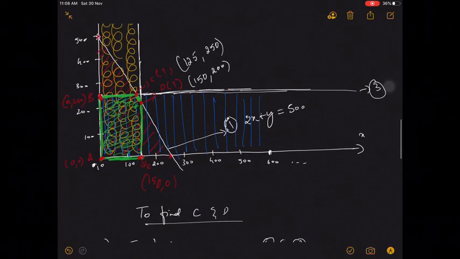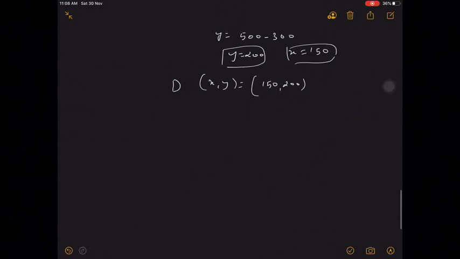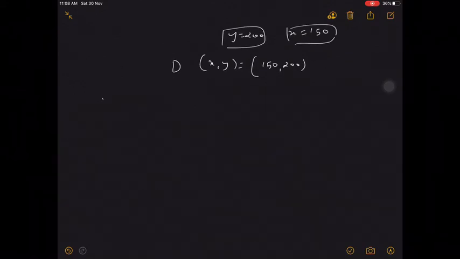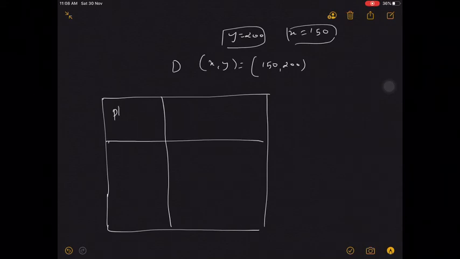Now we know all the 5 corner points of the feasible area, that is A, B, C, D and E. So now we will write the last table. So these are the corner points of the feasible area or region.